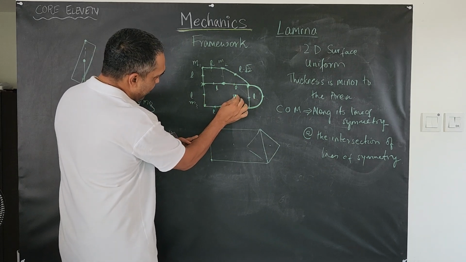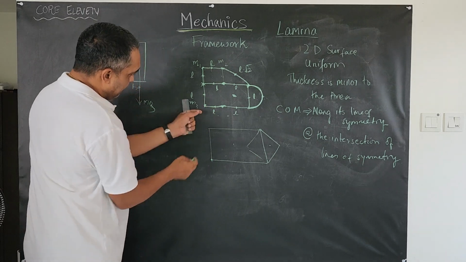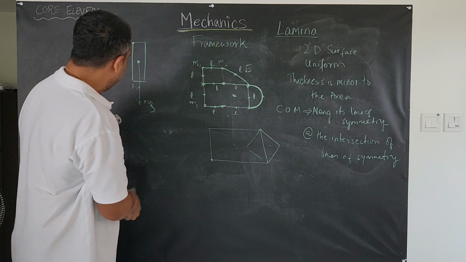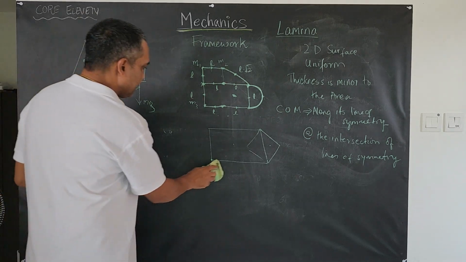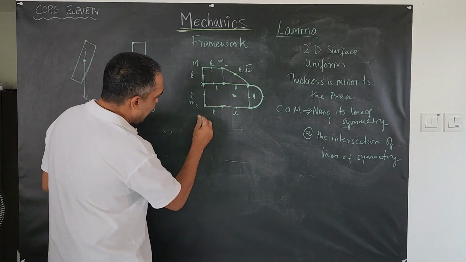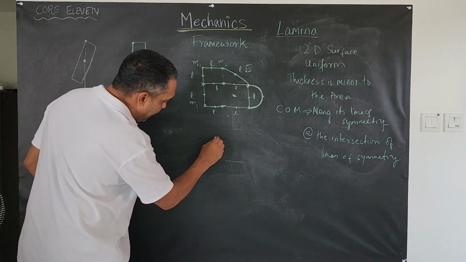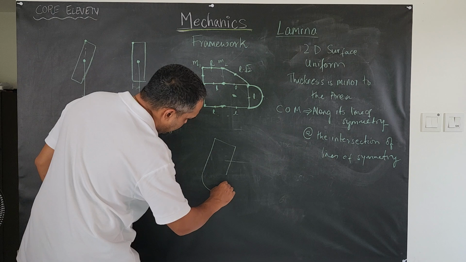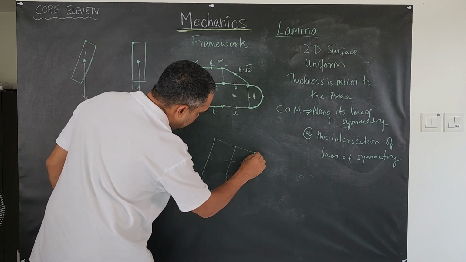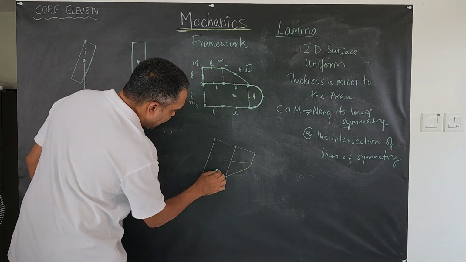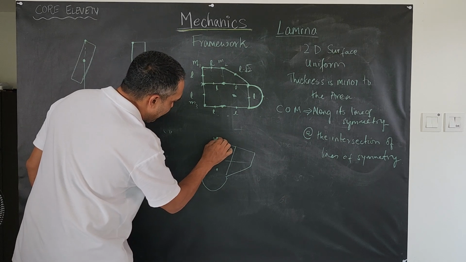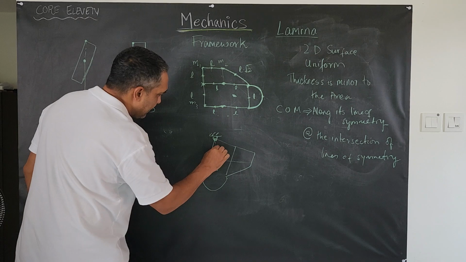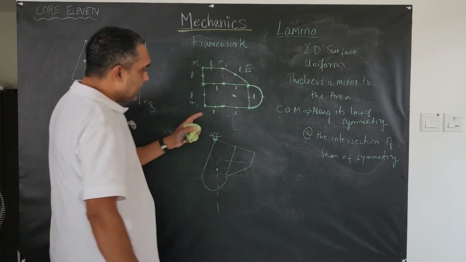If I got a string and just hang this thing, it will turn around and look somewhat like this, with the center of mass here, and this is the pivot, this is where I'm hanging it, the hinge. You remember the hinge, and this will be in a straight line. This is where it will be.